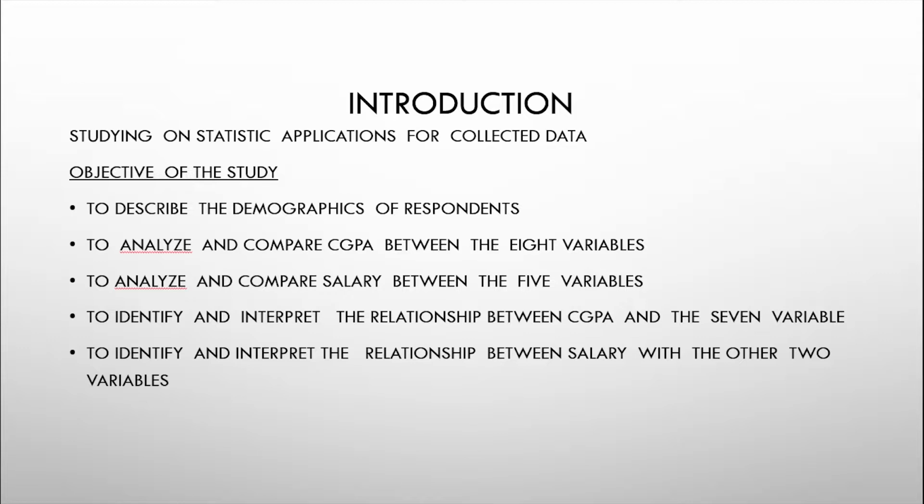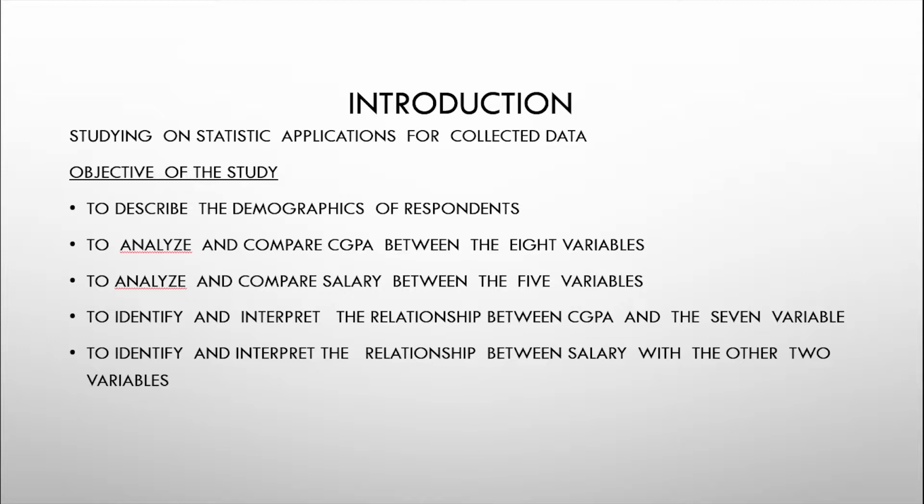Besides that, the objective of this study is to analyze and compare salary between 5 variables, which are gender, program, ethnic, working sector, and type level of work. The result was displayed using Excel.